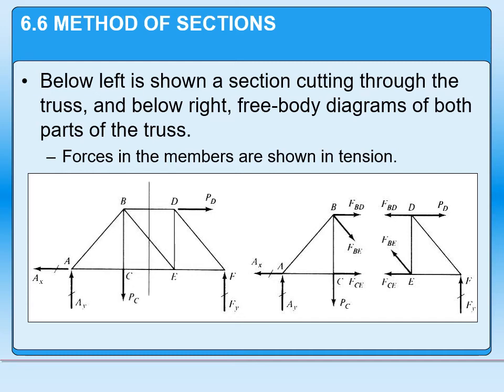What do you think will happen if the members are actually in compression? Well, you probably guessed that's just going to give you a negative value for the force you solve for. Right? So much like method of joints, if you get a negative value, you didn't do anything wrong. It just means that that member is in compression, rather than tension. Positive value, of course, it's in tension, and use a negative sign and label it as compression.